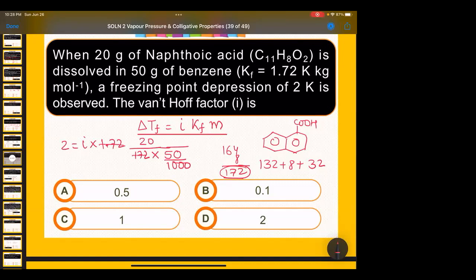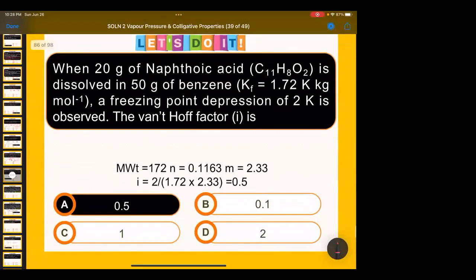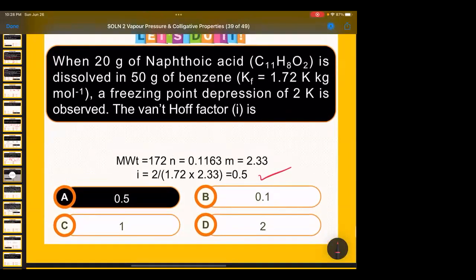So this is 1 by 100, and this is 100 and this is 100. This is cancelled, this is cancelled, this is cancelled. And 5 into 4, right? So i is equal to half. That's what you are getting. Is it clear? I hope this is clear, Samira and Miraj. Yes.